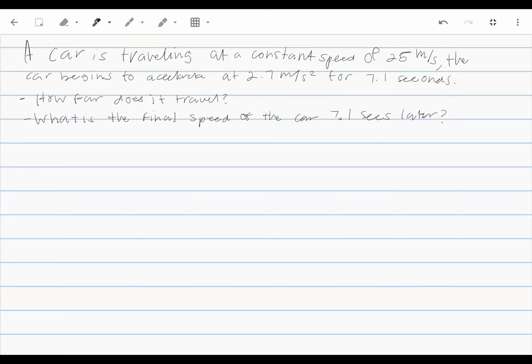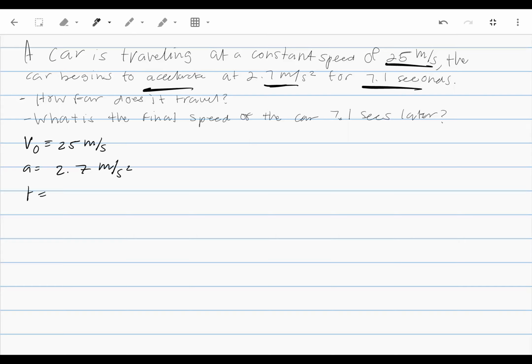So first, again, we're going to write down what we do know. The initial velocity of the car is 25 meters per second. We're given the acceleration and the time. The acceleration is 2.7 meters per second squared.